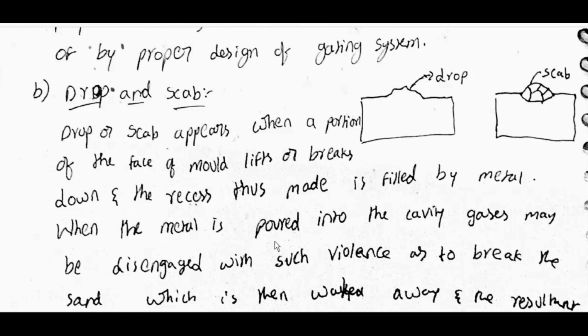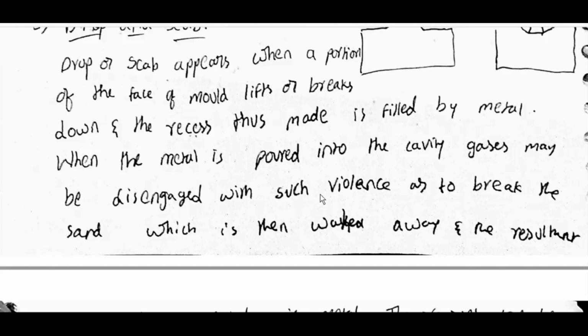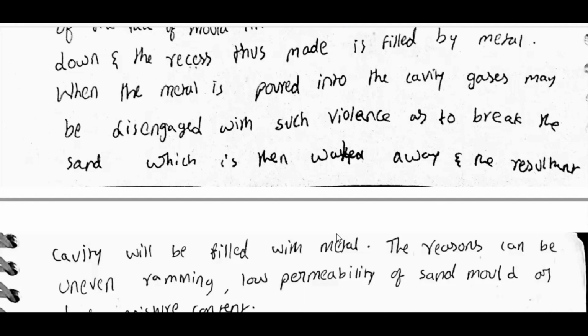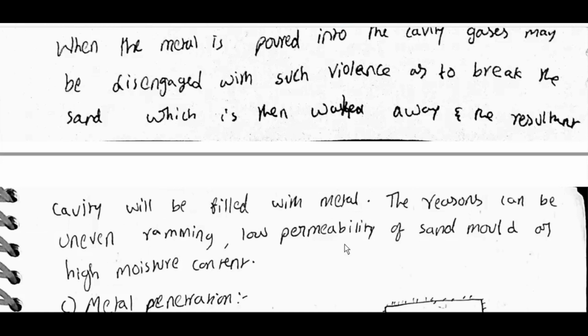When metal is poured into the cavity, gases may be disengaged with such violence as to break the sand, which is then washed away, and the resultant cavity will be filled with metal. The reasons can be uneven ramming, low permeability of the sand mold, or a high moisture content.